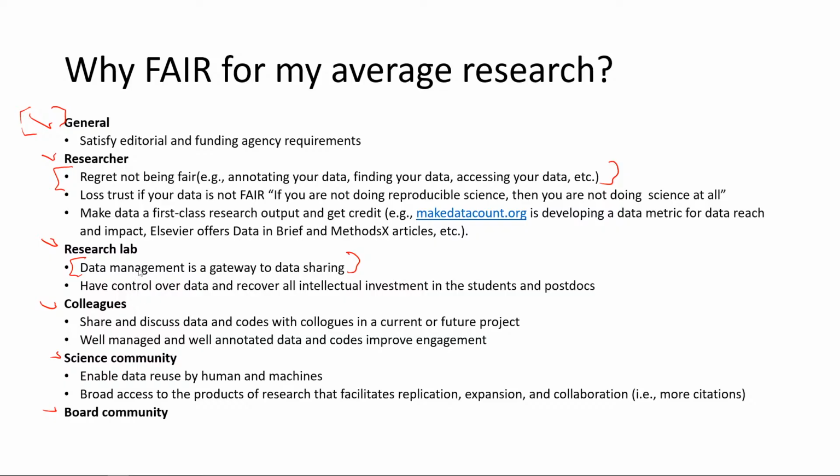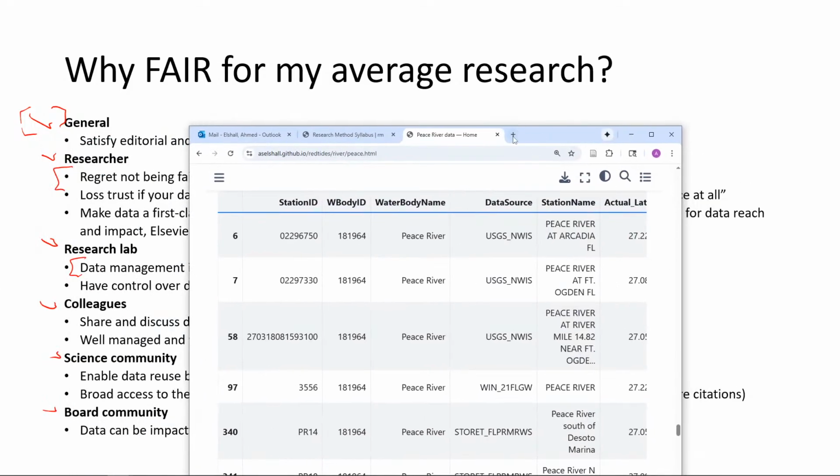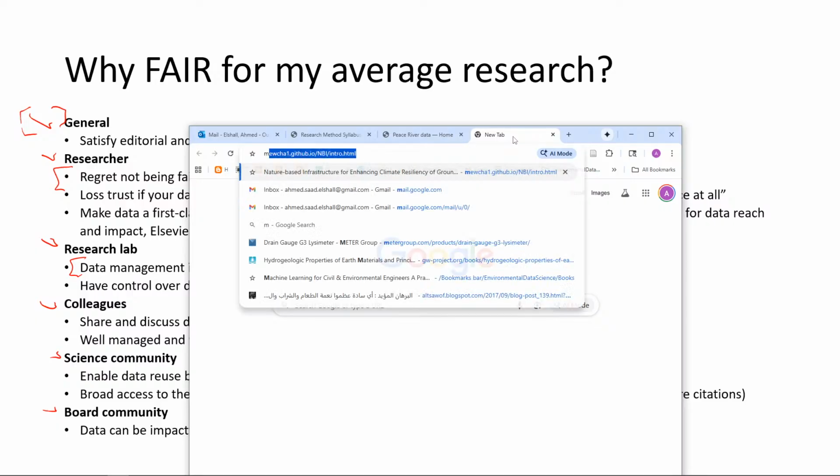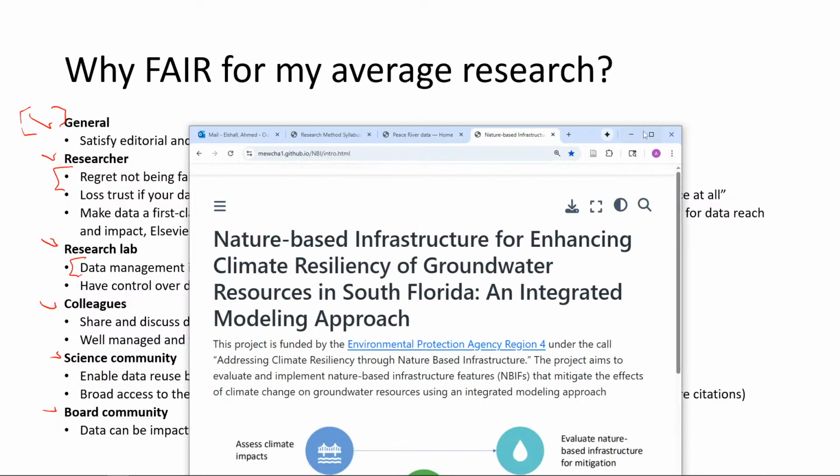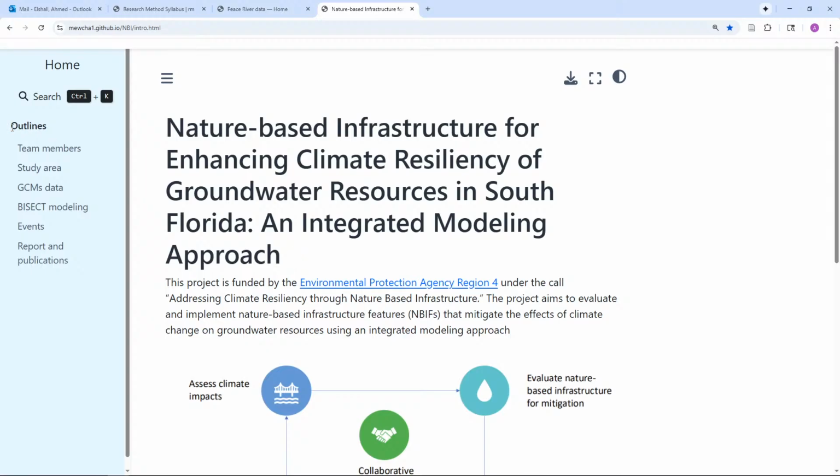And if you are doing applied research or R&D research, it's a good idea to involve, to make your findings accessible to your audience, to the stakeholders who will use this data. Let me show you an example. So here, this is a project that we are working on. We put information about the project.